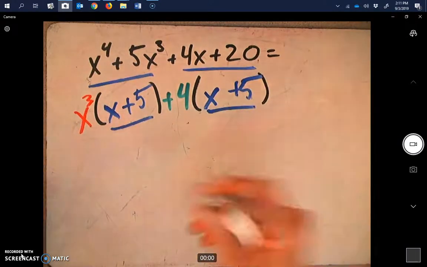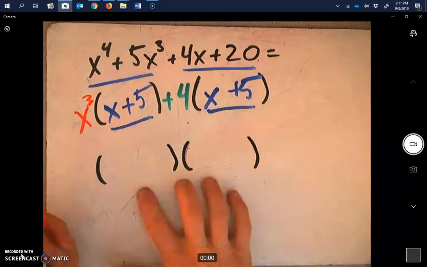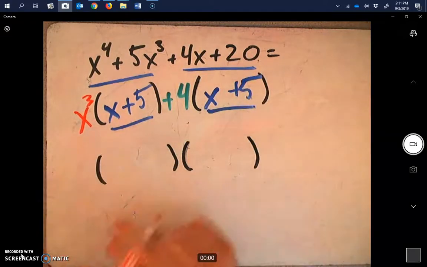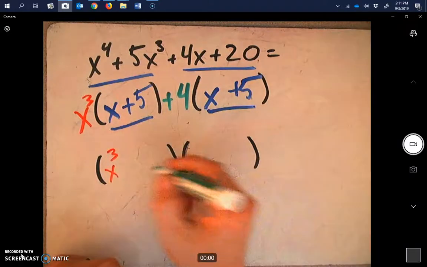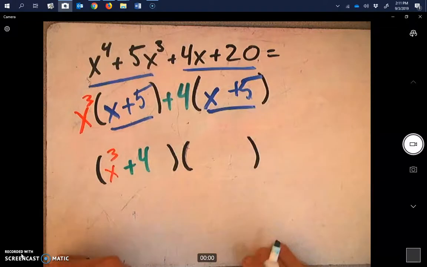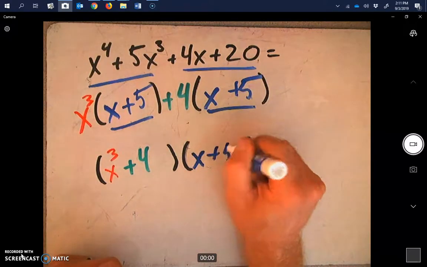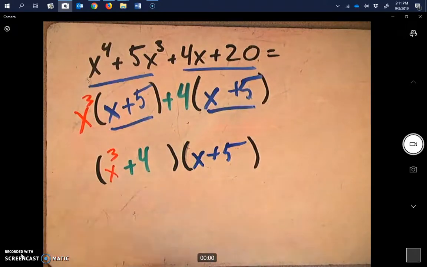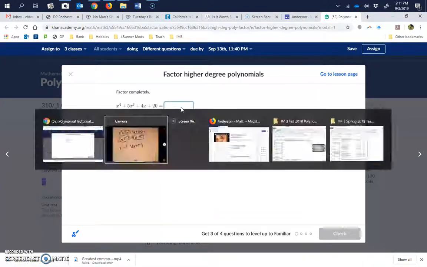So we can rewrite this as a product of two binomials. X cubed will go here. Our plus 4 goes there. And then we write x plus 5 just one time. So that would be the answer for question 1. And it doesn't matter if you write x plus 5 first.